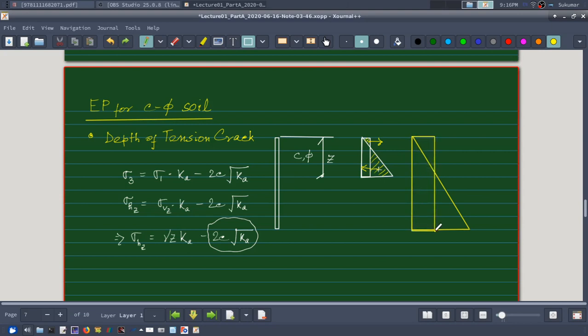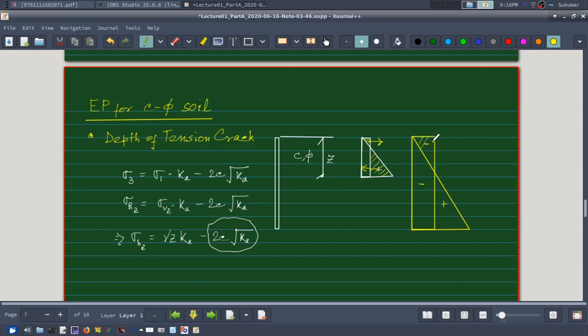Say this is my negative part. Okay, so this is my negative portion, there is my positive portion. So net is negative here and positive here.